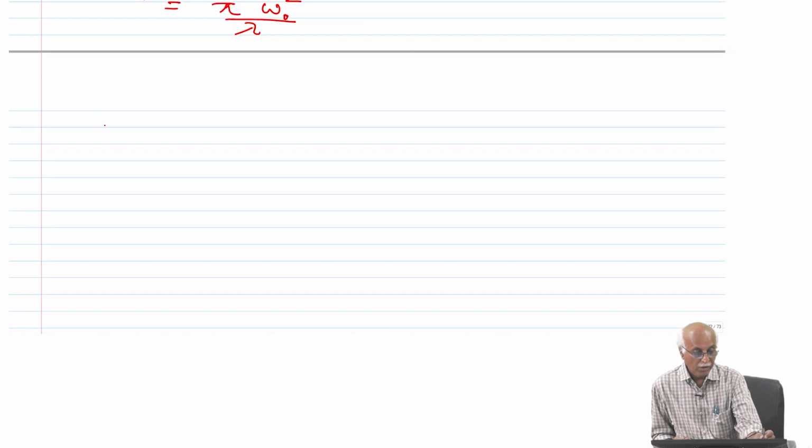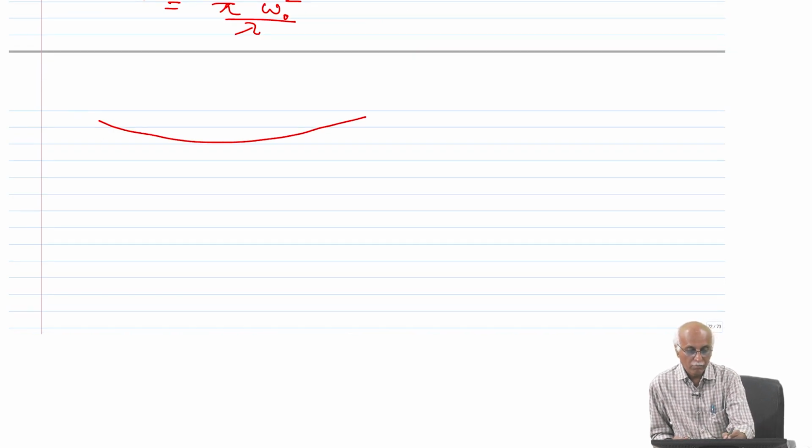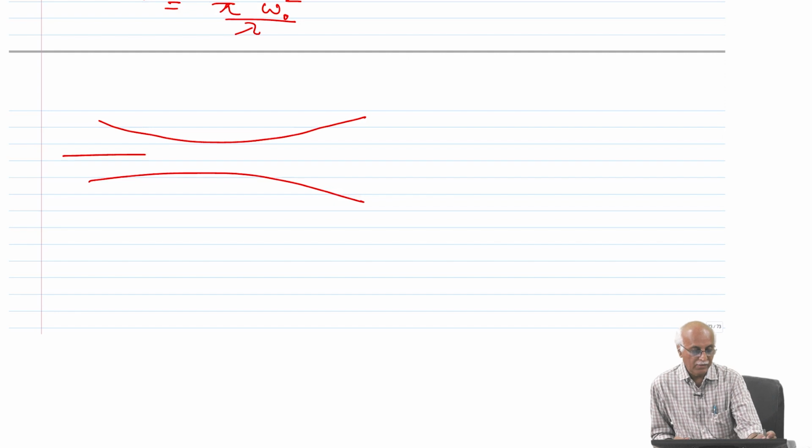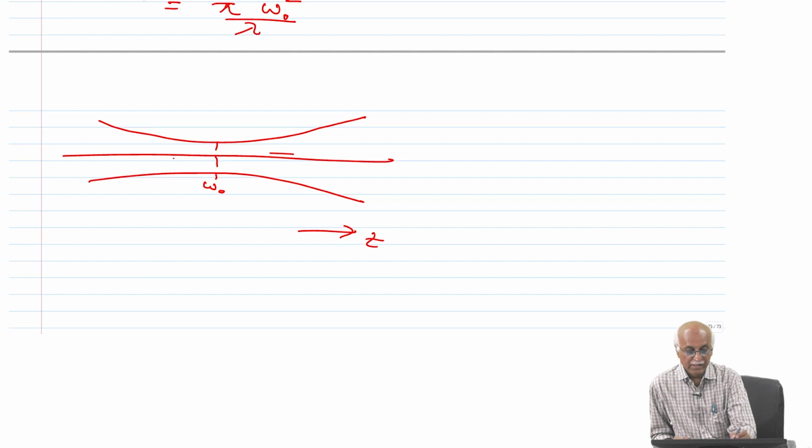So, the beam while propagating goes like this. In the center it is W0, this is z, this is the laser beam, and as it goes along z, the width increases up to the position where W(zR) is root 2 times W0.